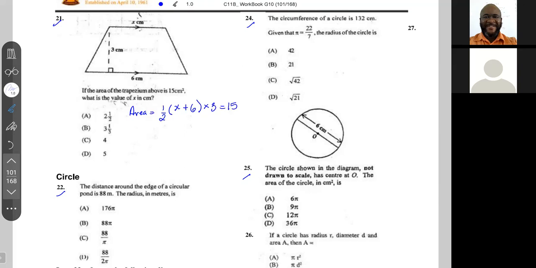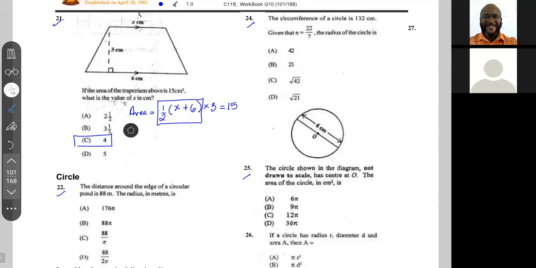In order for this to be equal to 15, everything in that rectangle must be equal to 5. For that, x plus 6 must be equal to 10, because a half of 10 is 5. For x plus 6 to be 10, x has to be 4.